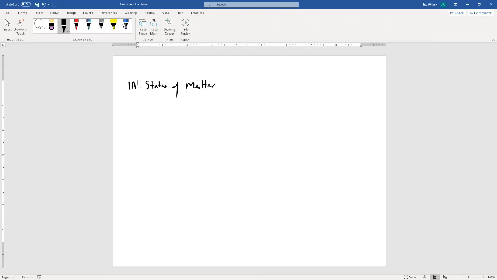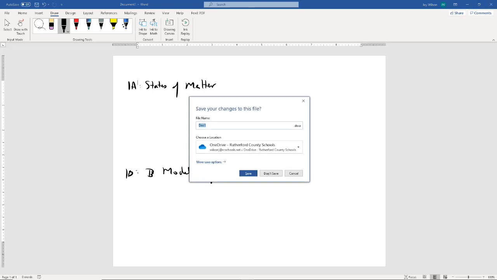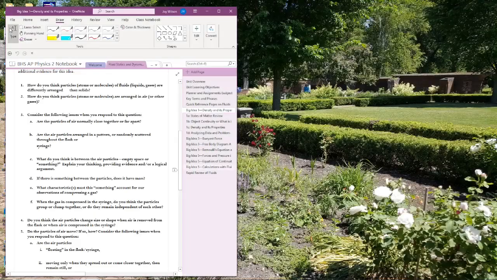And then your second notebook page would be 1B, models of matter. And then as you go through on each page that way, that would mean you'd only have 4 pages actually. So you'd have a states of matter page, object continuity, density and its properties, and analyzing data and problem solving.